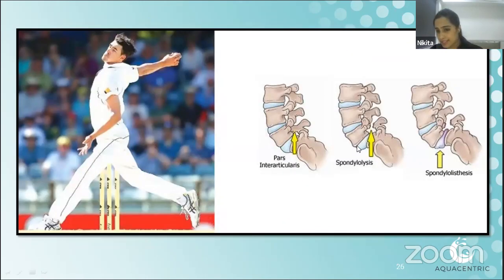And if it progresses, it might also lead to a stress fracture of the vertebrae called spondylolysis. Progressing further, it might lead to translation of one segment over the other called listhesis. So you have core muscles that surround your vertebrae very well, and core muscles can absorb a good amount of force. So don't worry, if you have a good core, if you have good biomechanics, you're good to go.